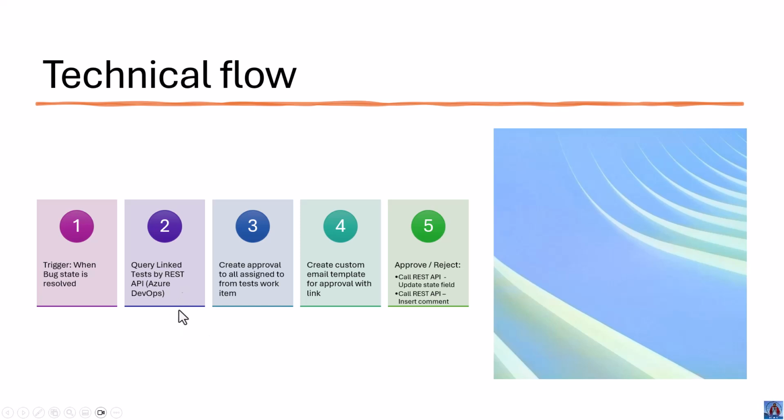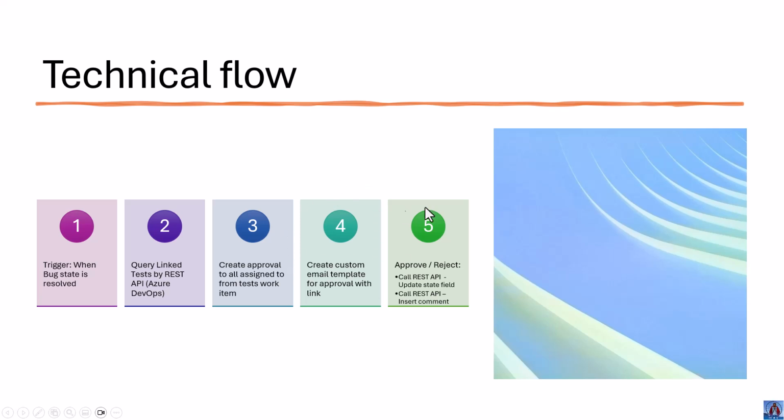Once we know all the linked test cases, we identify the people assigned to the test cases, and we send an email or create an approval for all of them. This approval is an everyone-must-approve type of approval, and it is sent to all the assigned people.